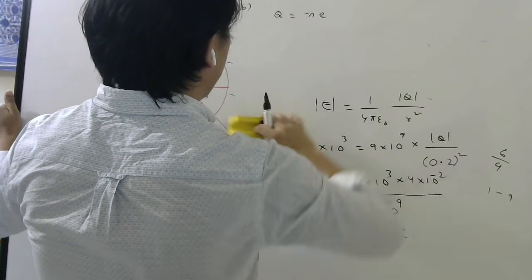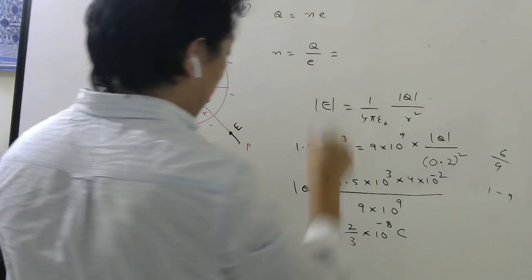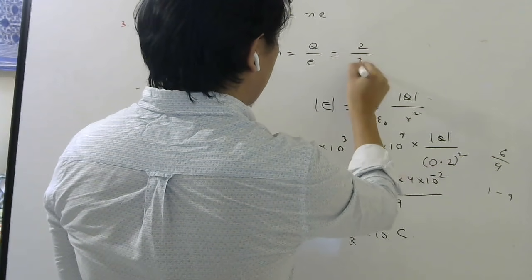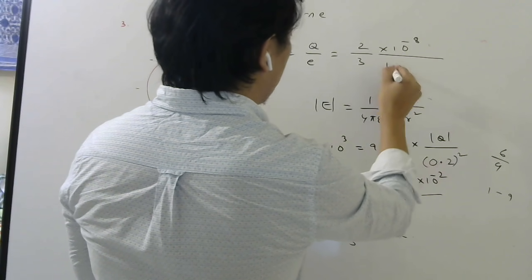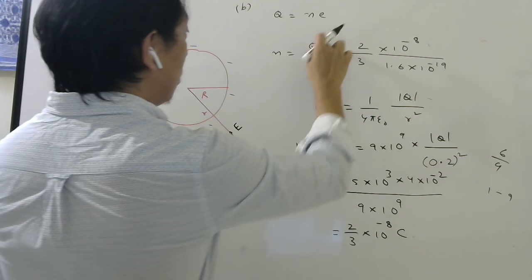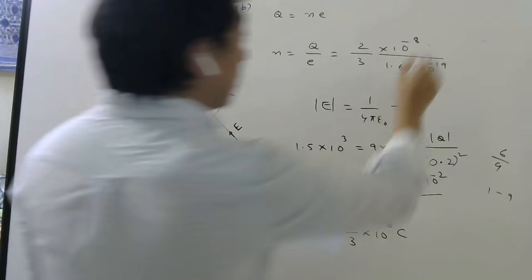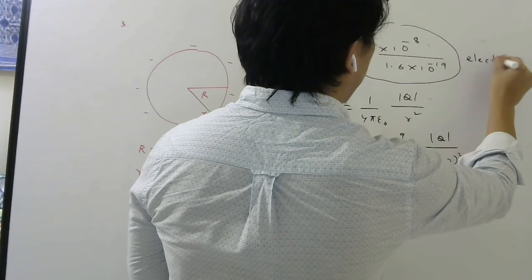So N will be equal to Q by e. Q value, how much did we get? 2 by 3 into 10 power minus 8, and e is 1.6 into 10 power minus 19. This is coulomb, so it will cancel.